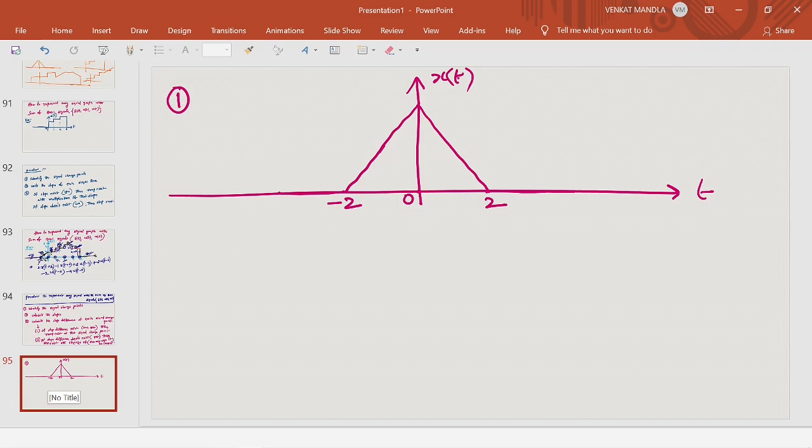What is the procedure? First identify the signal change point. Okay, minus infinity to 2. This is 0. At t equal to minus 2, it changes to this. So this is the signal change point.